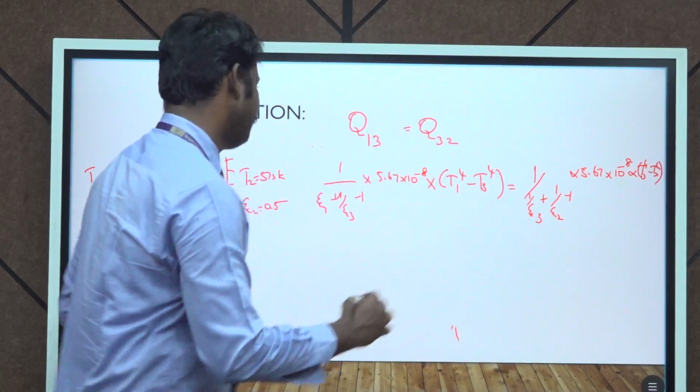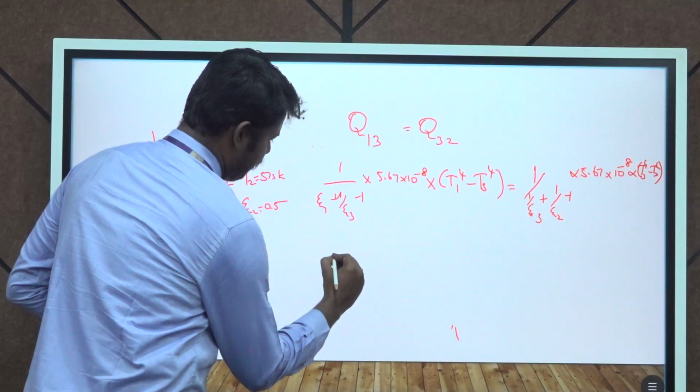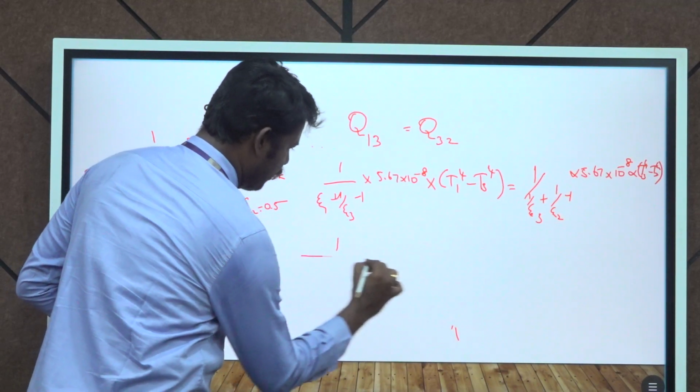When we substitute all the values, we can easily find the T3 value.